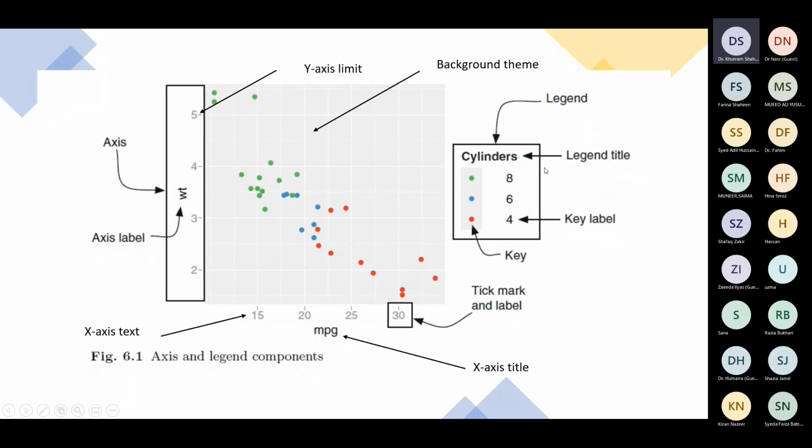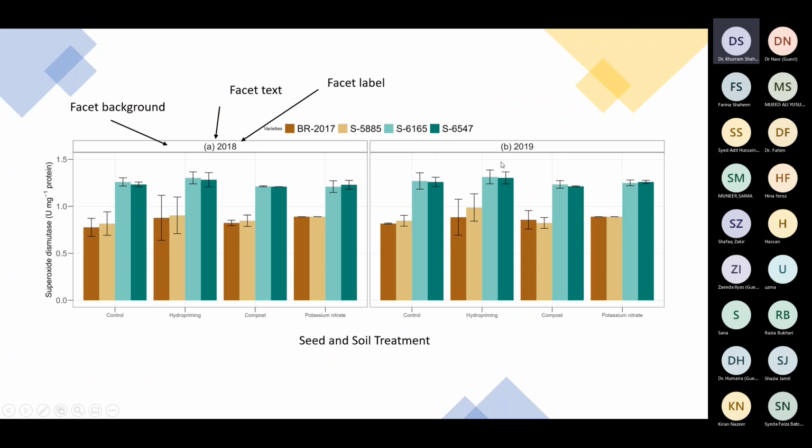You present a second factor as a fill function, so you are comparing different colors, the green, blue, and reds. One factor will always be present on the x-axis. The other factor will be present in cylinders, and in another graph we use the facet function so we can give our commands to show our data for 2018 and 2019, year wise.